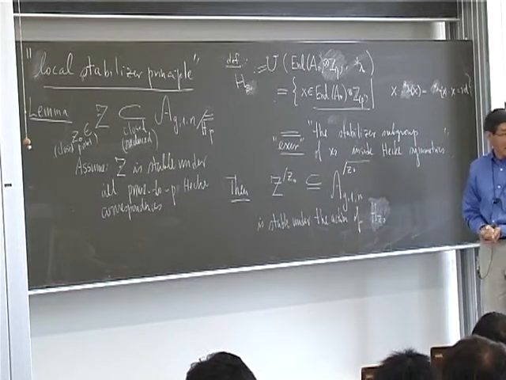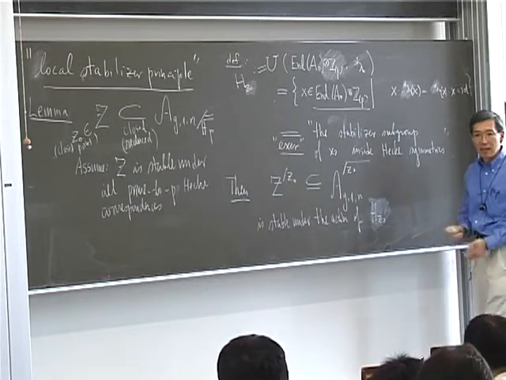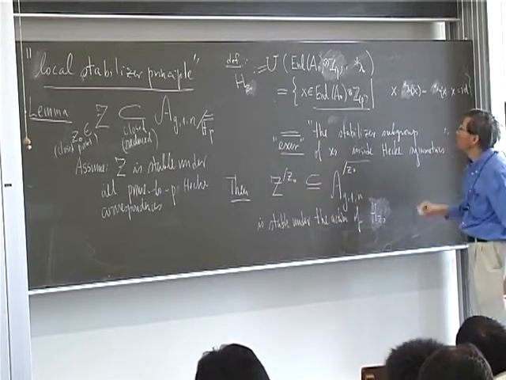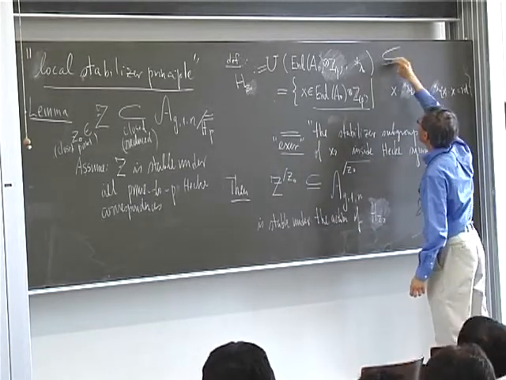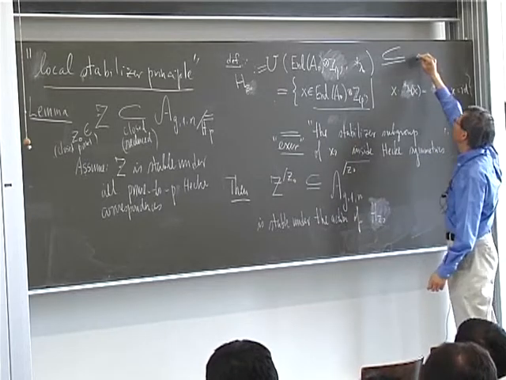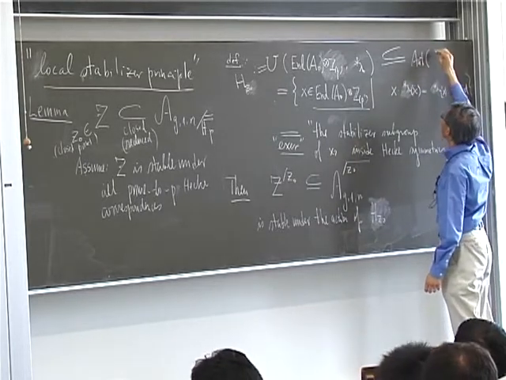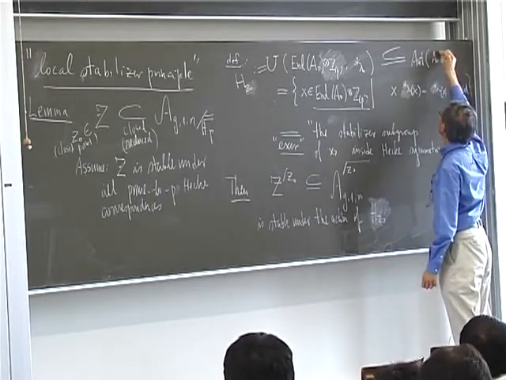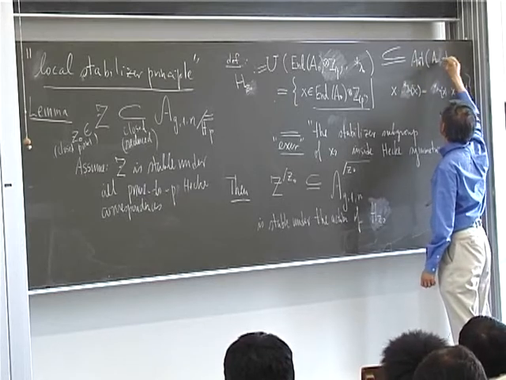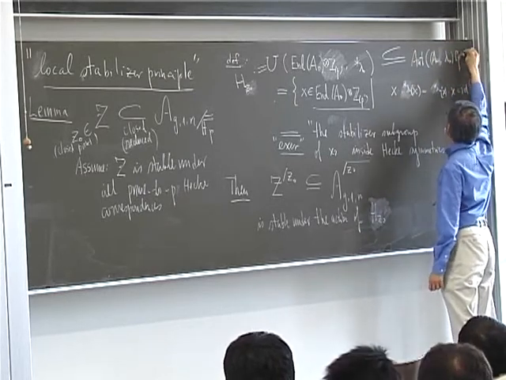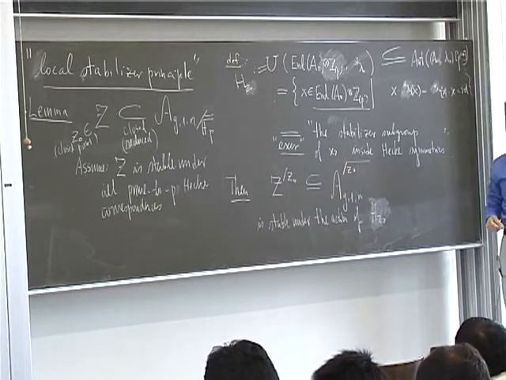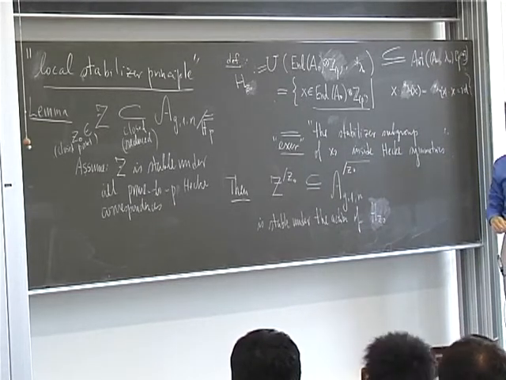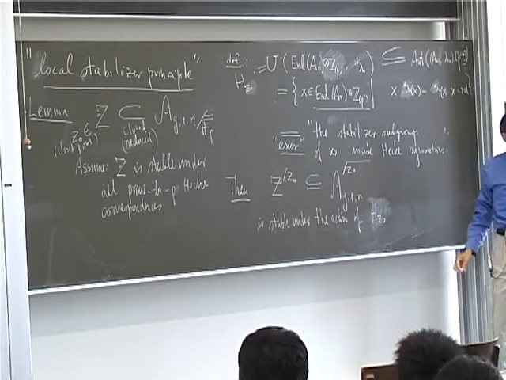Why does this make any sense? It's clear from this construction that this is contained in the automorphism group of A0, lambda 0, passing to its p-divisible group, just by its very definition.